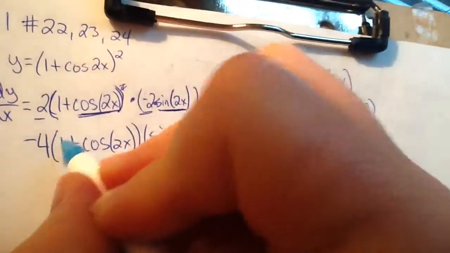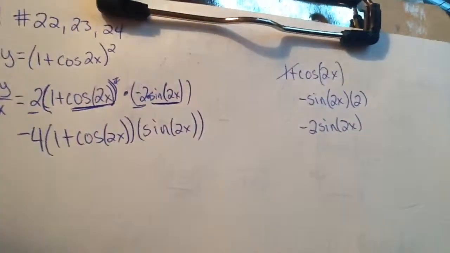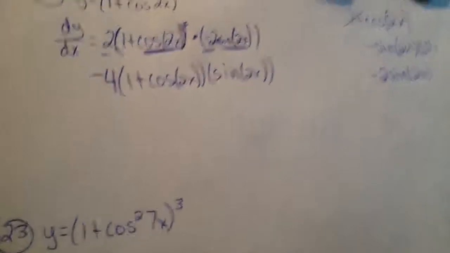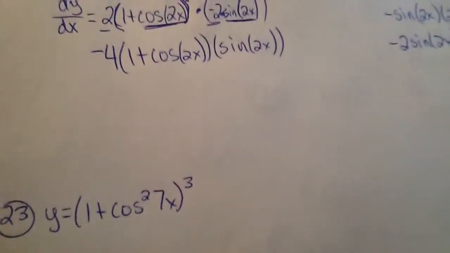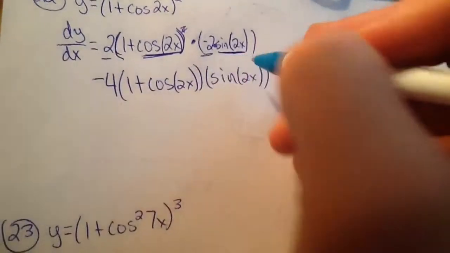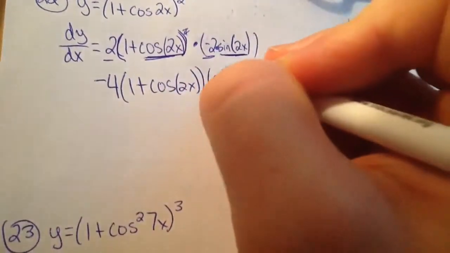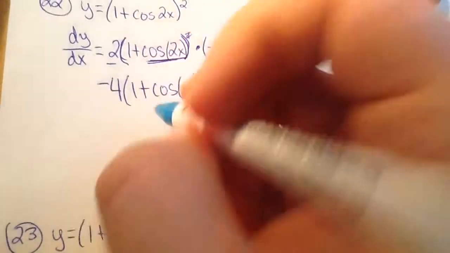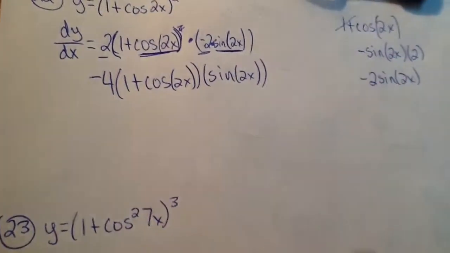You could distribute that if you wanted, but part of this is just recognizing when doing something will help, and when doing something is not going to lead you anywhere. You should recognize if you do the distributive property here with your sine, you're not going to get any further. Nothing's going to happen.